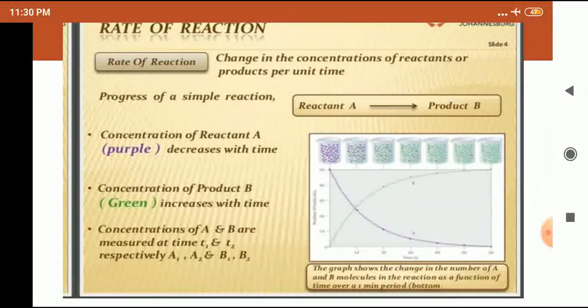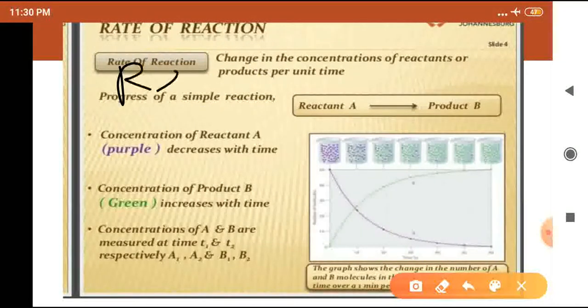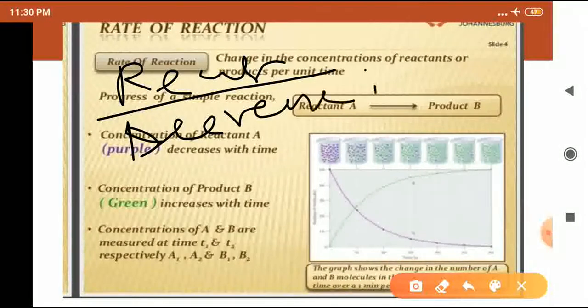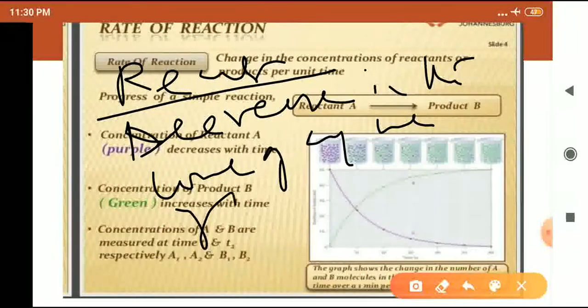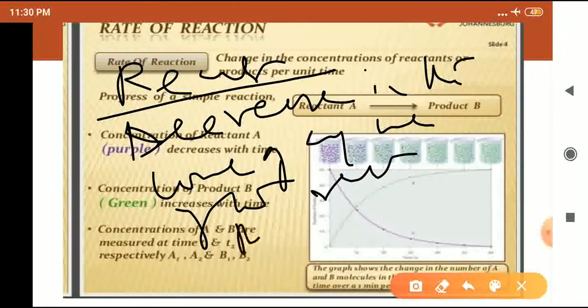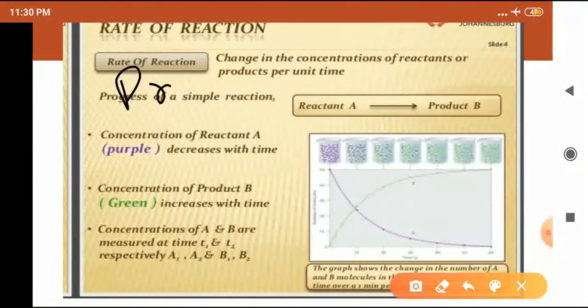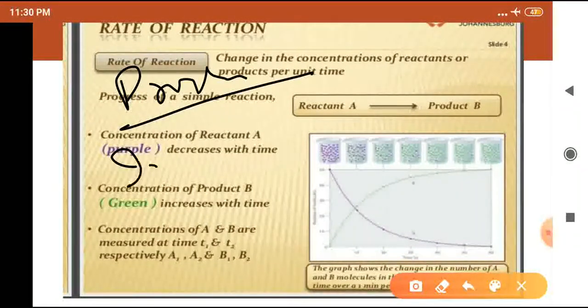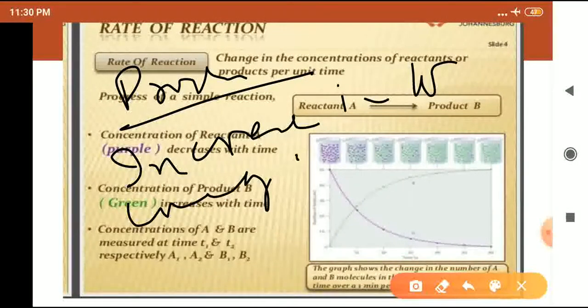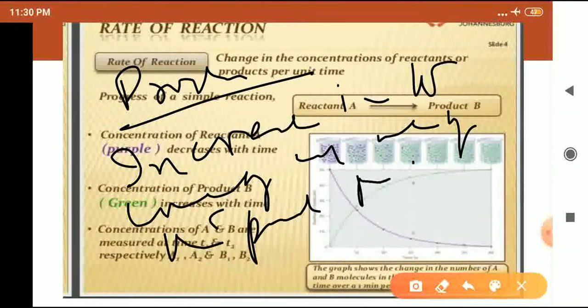In terms of reactants, rate of the reaction is the decrease in the concentration of any one of the reactants per unit time. And in terms of products, rate of the reaction is the increase in the concentration of any one of the products per unit time.